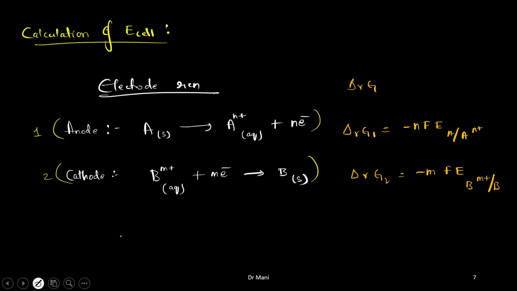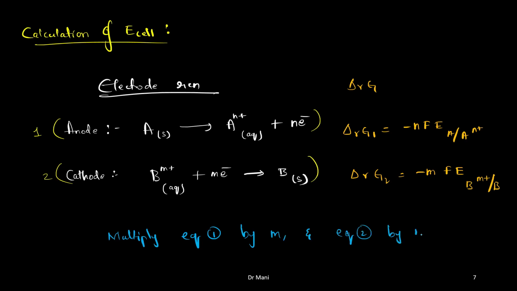So see here, multiply equation 1. I'll tell you, once we have done the complete thing, then you will understand what this is. So multiply equation 1 by m and multiply equation 2 by n. Then you add both equation 1 and 2.